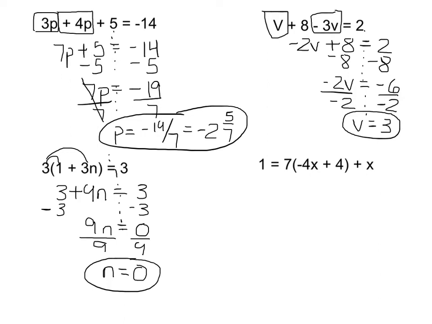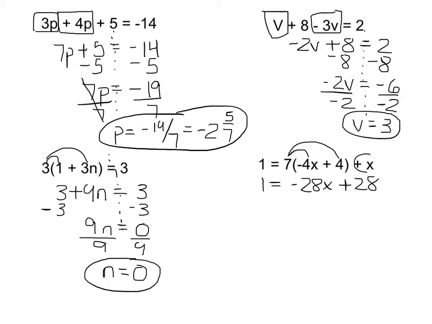This last example is a little bit more complex because it adds another step to it. I do my distribution first. Again, ignore the 1 equals. Only focus on one side. Clean that side up first. Simplify that side. So 1 equals negative 28x plus 28.